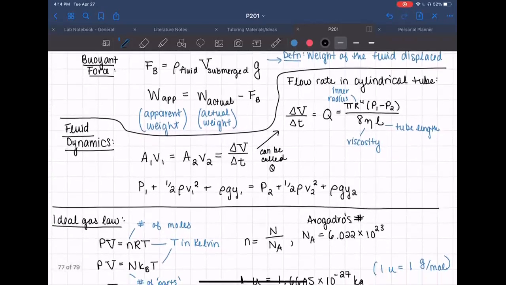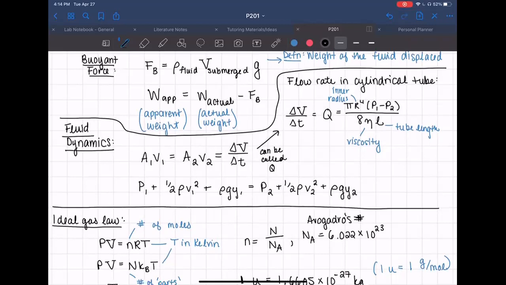Then the next section that I blocked off is all fluid dynamics. Everything above up until that point with fluids is more so talking about static fluids. Once we move into dynamic fluids, the volume rate of change is going to be constant.